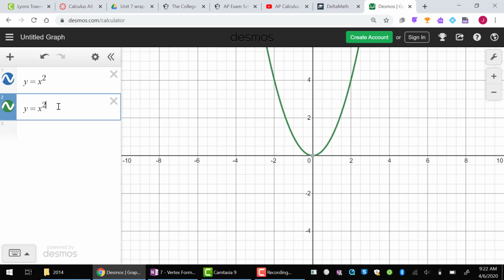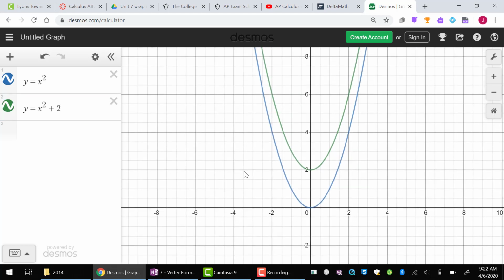So I'll type it in Desmos. In green, you can see the parabola of y equals x squared plus 2. Notice that every single point on my parent function seemed to get shifted up 2 units. So this x squared plus 2 moved the parabola up by 2.